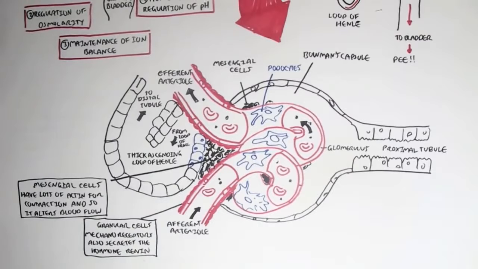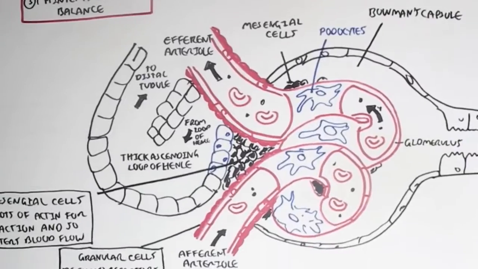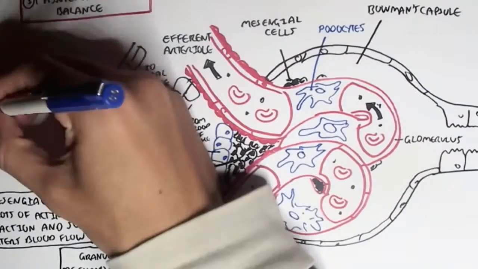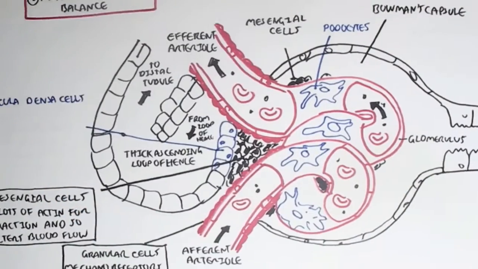Now remember how I mentioned that the thick ascending loop of Henle is important because it contains cells which are important in maintaining the ion gradient of substances. Well, these cells are very close by to the head of the Bowman's capsule itself, here in blue.